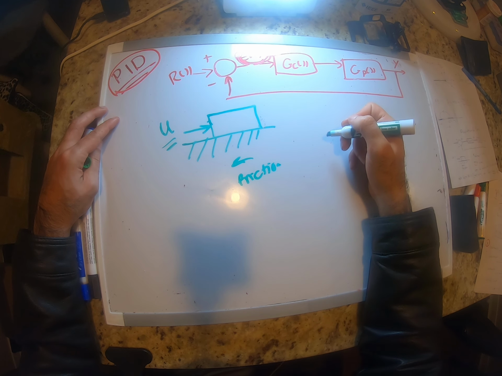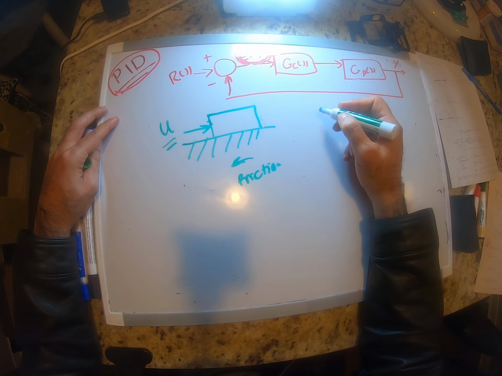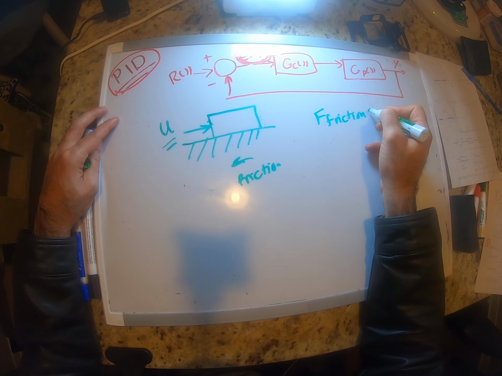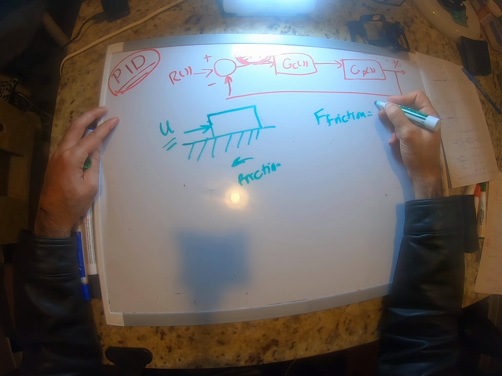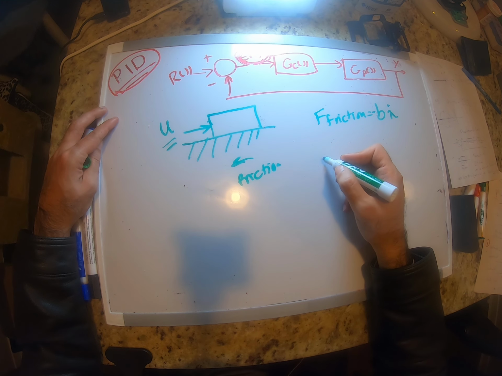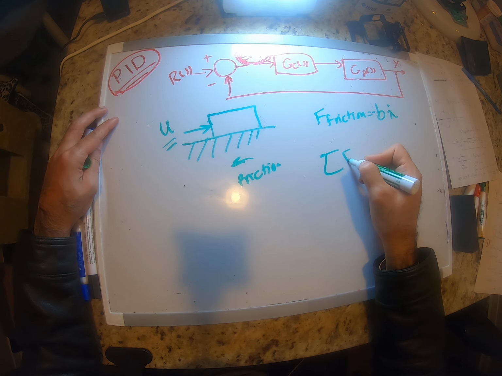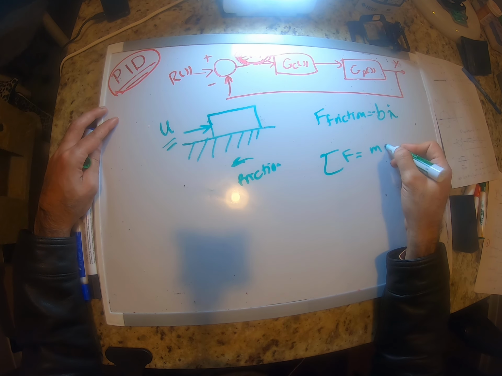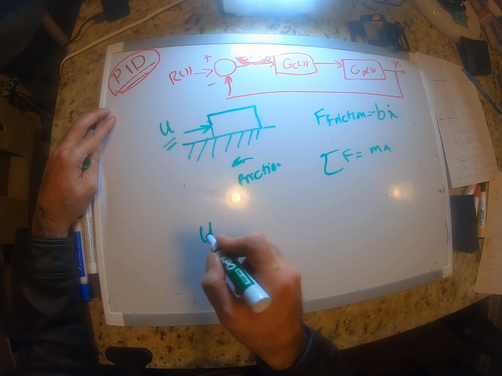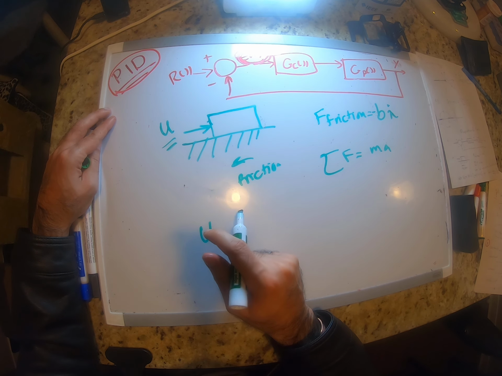So let's find the dynamic of the system. F of friction is always equal to negative friction coefficient times the speed, x dot. And we also know that sigma F is equal to ma, right? So this is the force that we are applying.